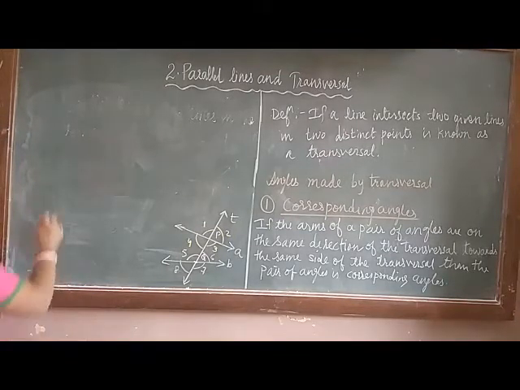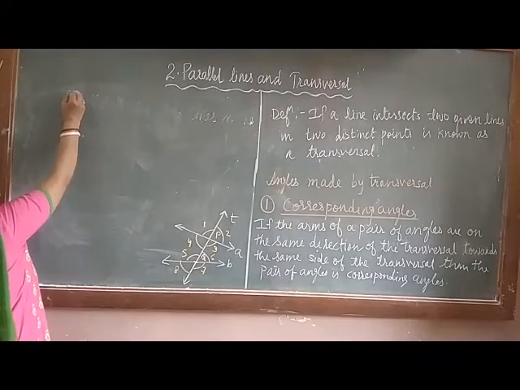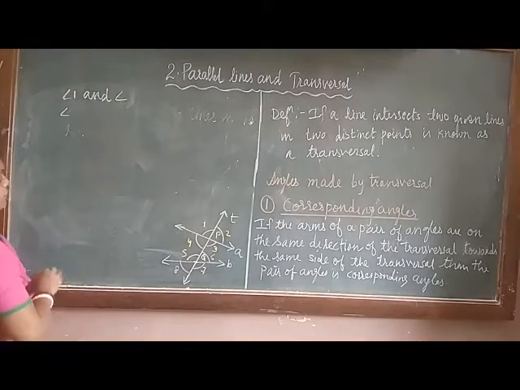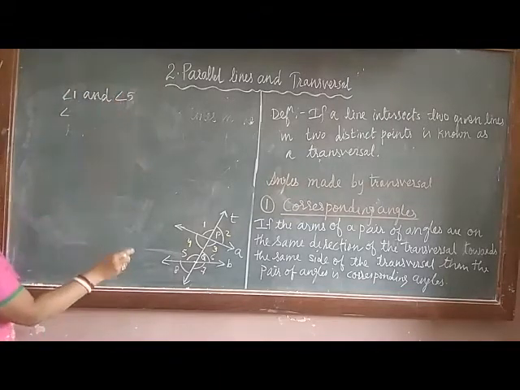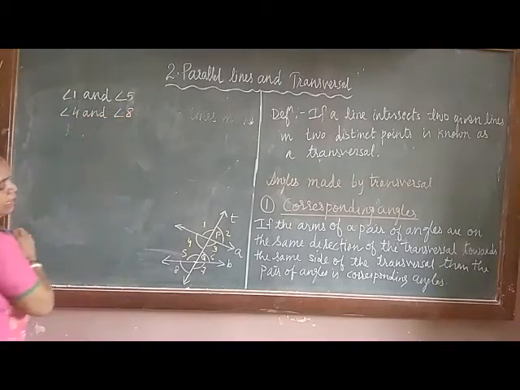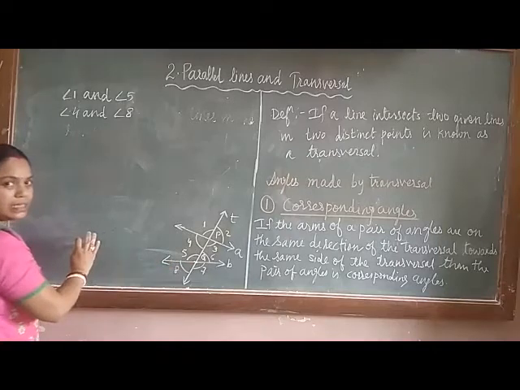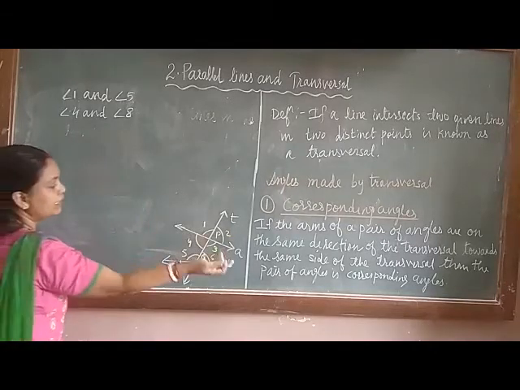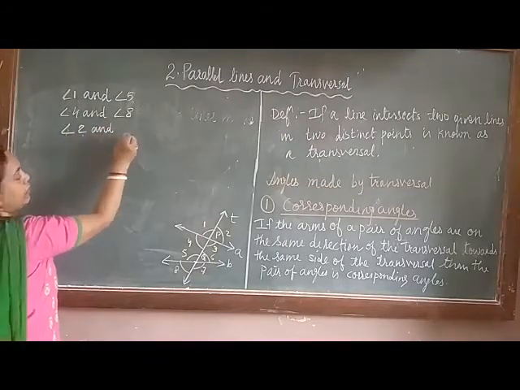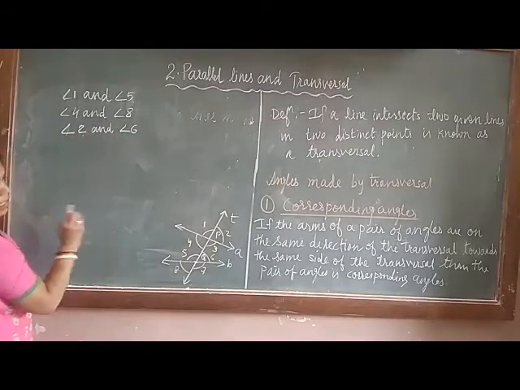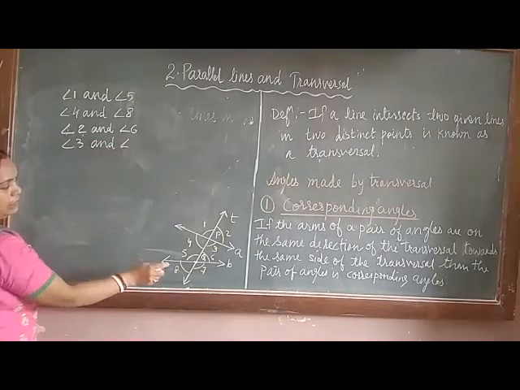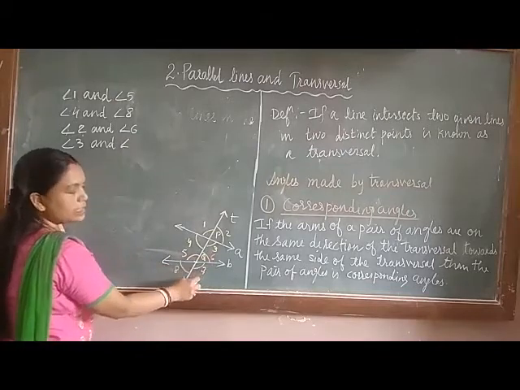So now we can write the 4 pairs of corresponding angles: angle 1 and angle 5, angle 4 and angle 8 towards this direction, that is the left hand side. Now towards the right hand side, angle 2 and angle 6, and angle 3 and angle 7.